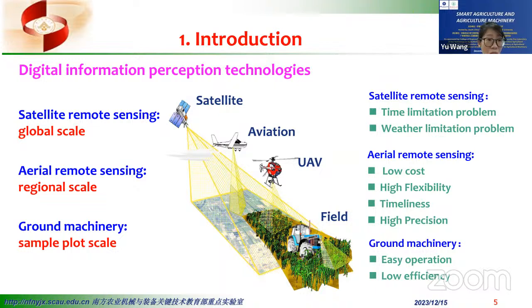Aerial remote sensing is for regional scale information perception. It is low cost, high flexibility, and timely and high precision compared with the satellite. The ground machinery is for sample plot scale measuring. It is easy to operate, but the efficiency is low.